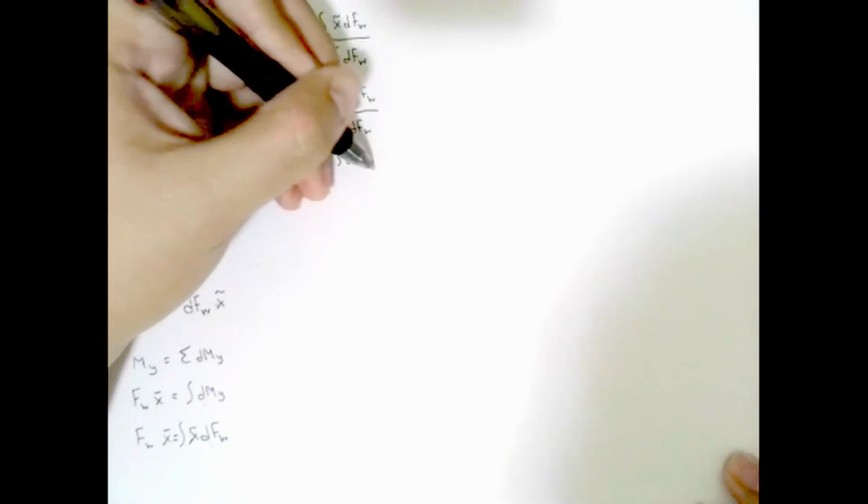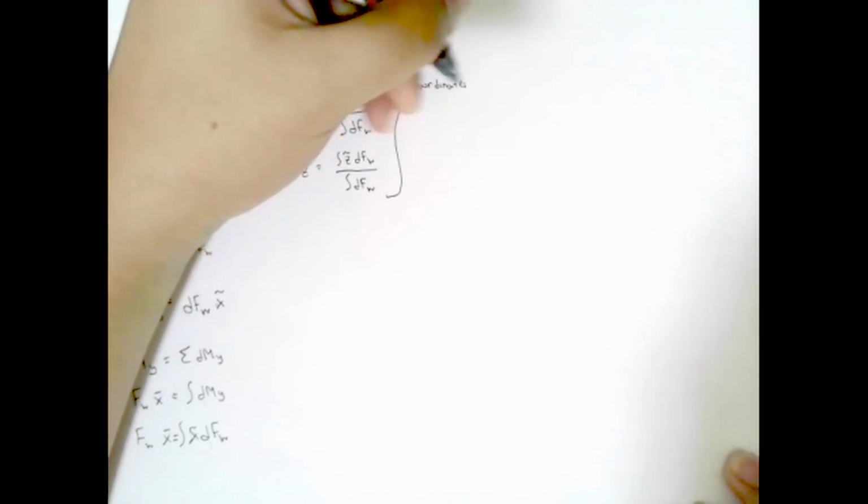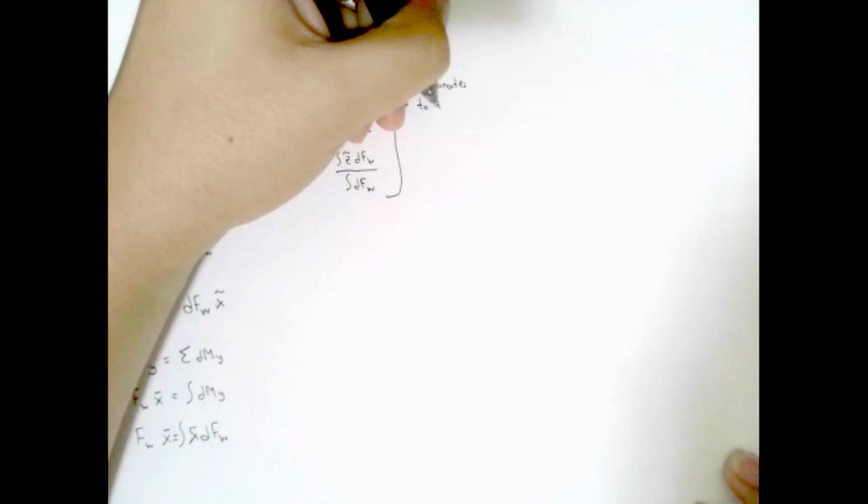And we'll get that the z coordinate of the centroid will simply be the integral of z squiggly dfw over the integral of dfw. So these three would be the coordinates to the center of gravity.